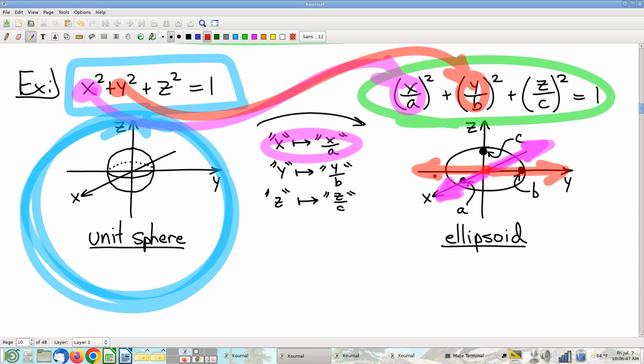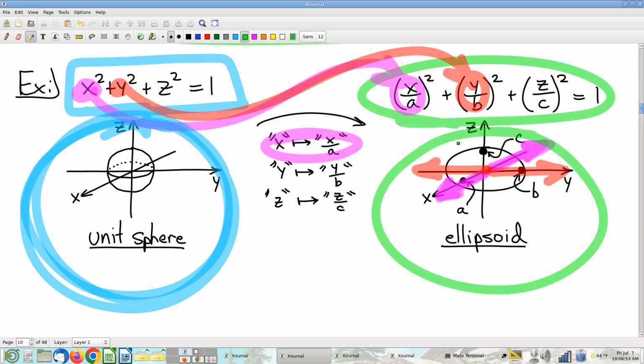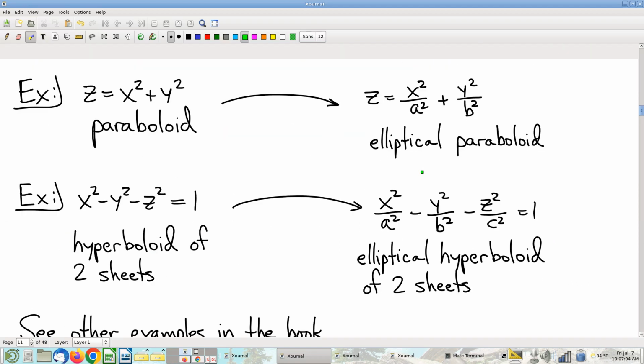Does everybody see that? You stretch out a sphere in various directions, you get what's called an ellipsoid. Much easier to understand from this deformation point of view. Cool. All right.